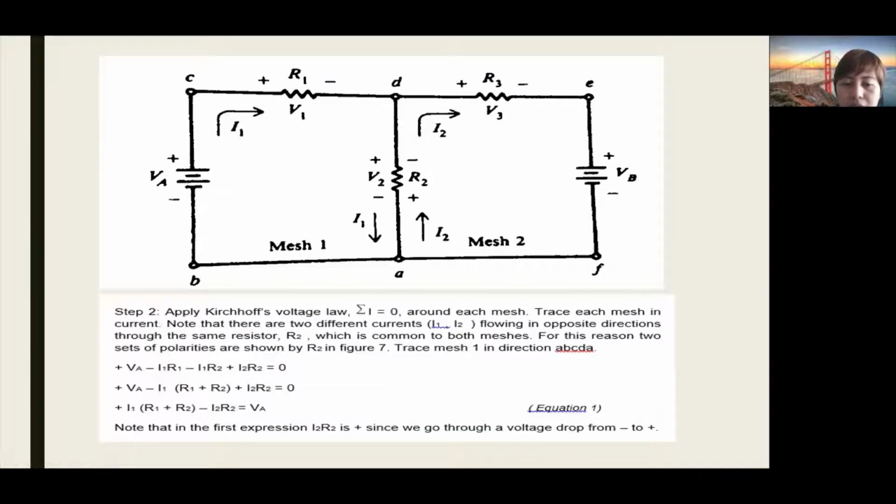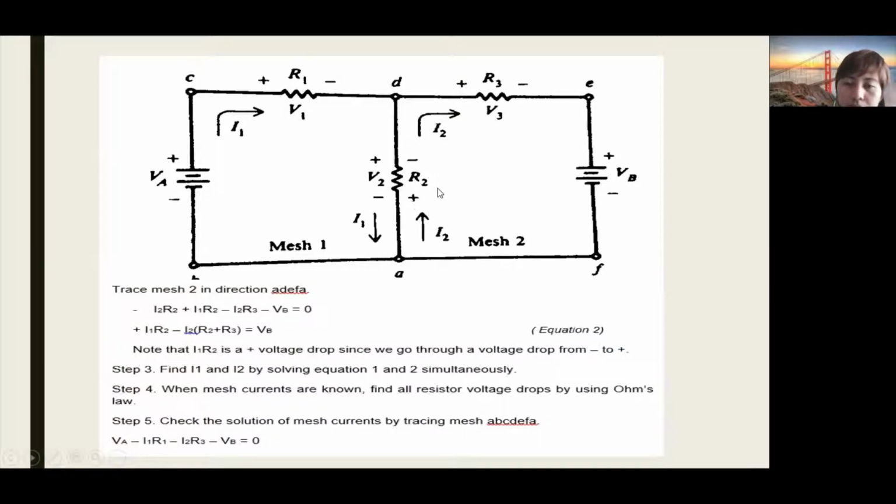So that's why here the I2 is positive, because the direction is going up. Whereas here I1, the direction is going down and it's from negative to positive. So that's why it's positive.